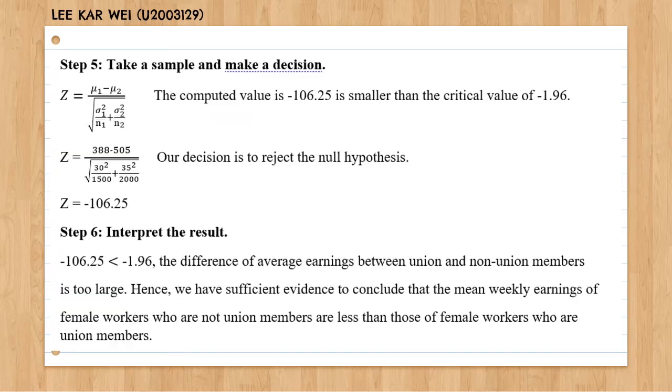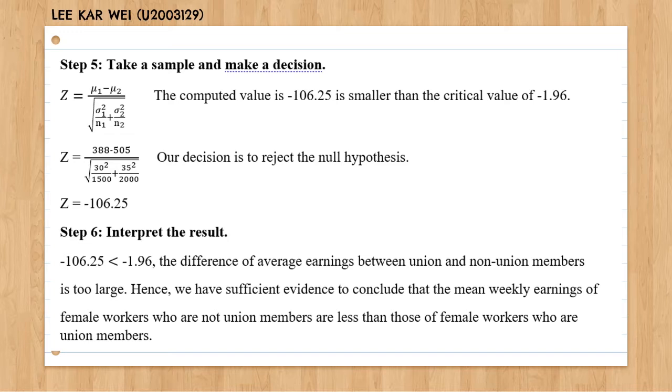The fifth step, take a sample and make a decision. So now we have to input our formula. The first sample mean minus the second sample mean, divided by the square root of the first variance over the first sample size plus the second variance over the second sample size.